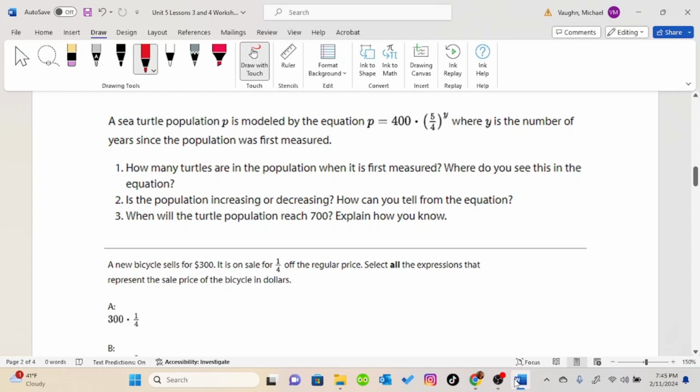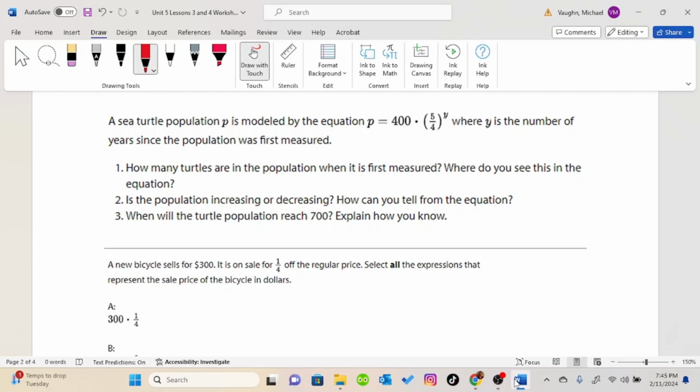A sea turtle population, P, is modeled by the equation P equals 400 times 5 over 4 to the power of y, where y is the number of years since the population was first measured. Number 1. How many turtles are in the population when it is first measured?